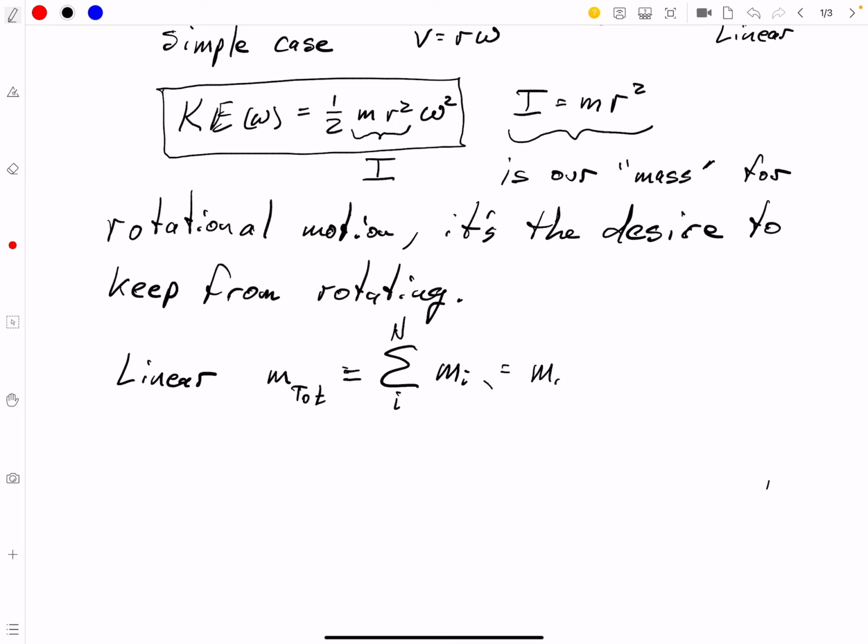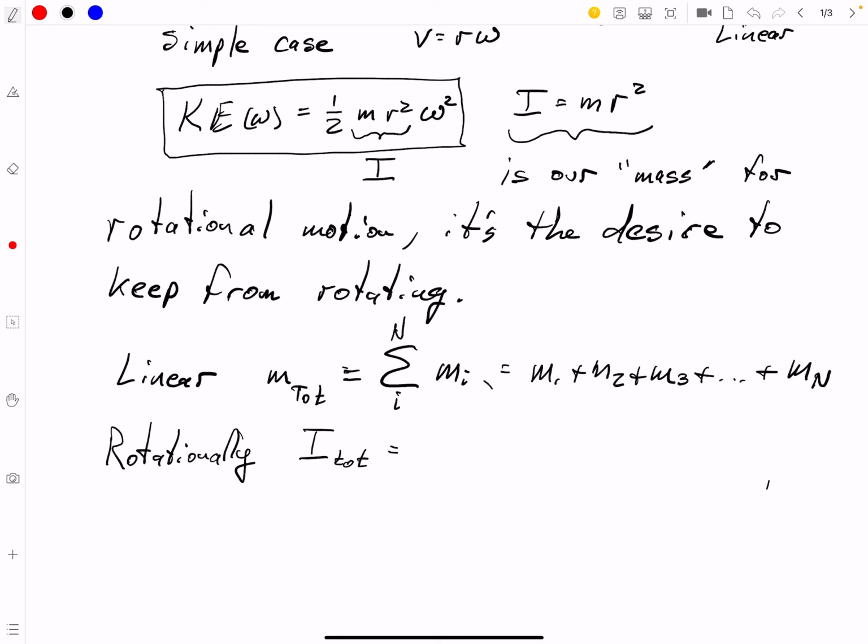So that's just mass 1 plus mass 2 plus mass 3 plus blah, blah, blah, up to mass n. So that's your mass total. Well, the same thing goes rotationally. We have our I total.